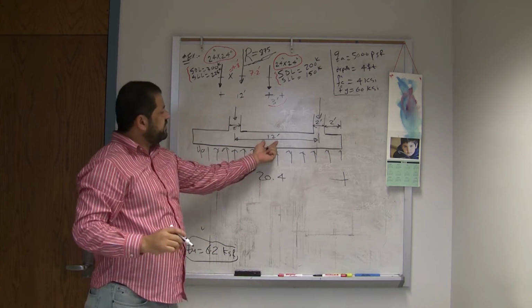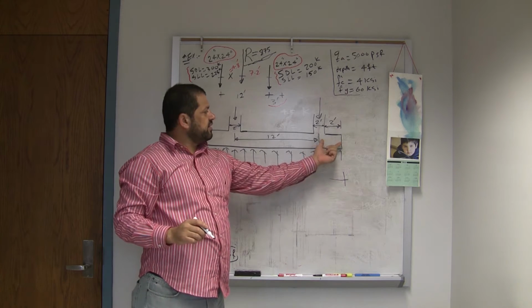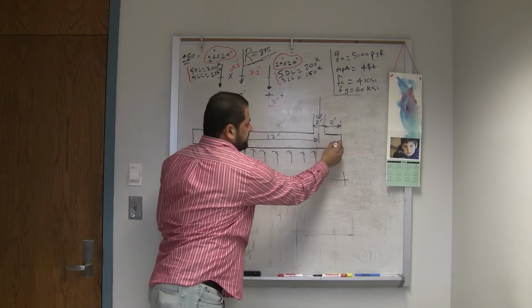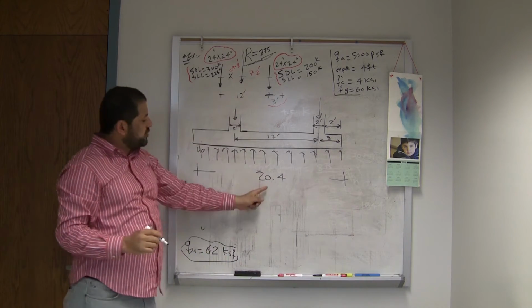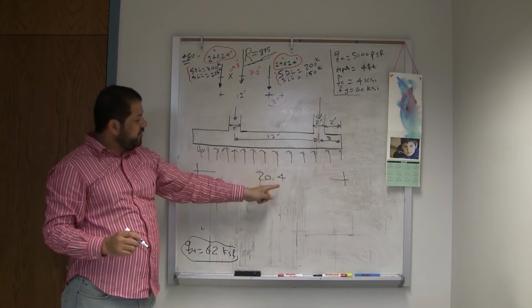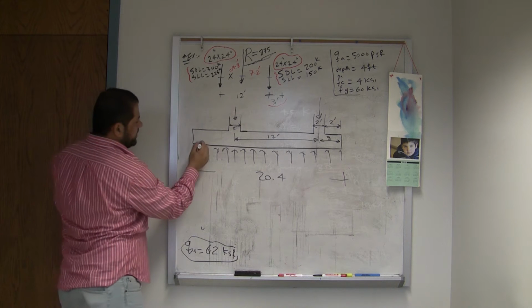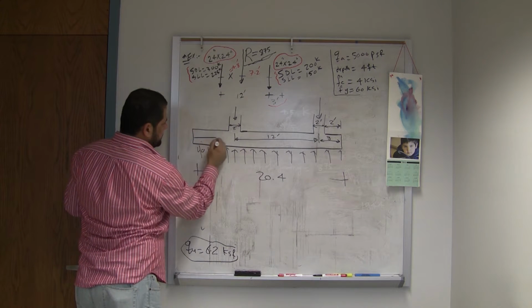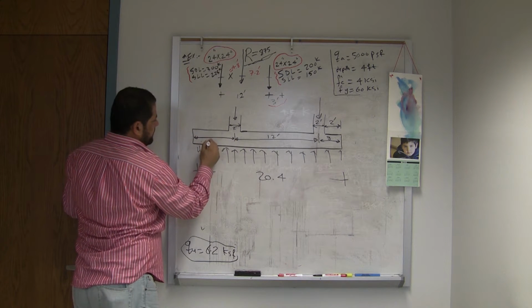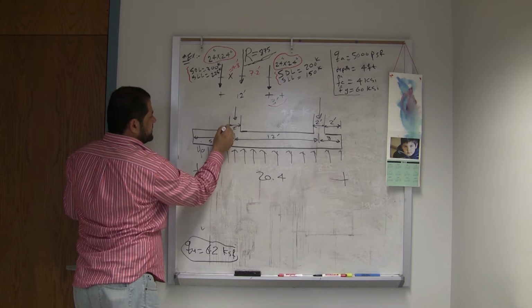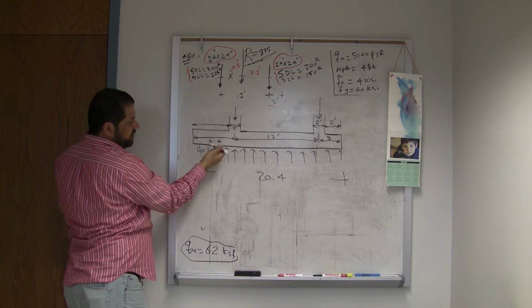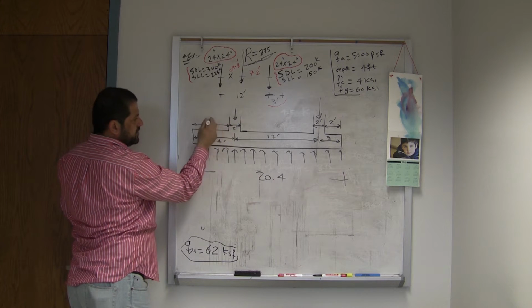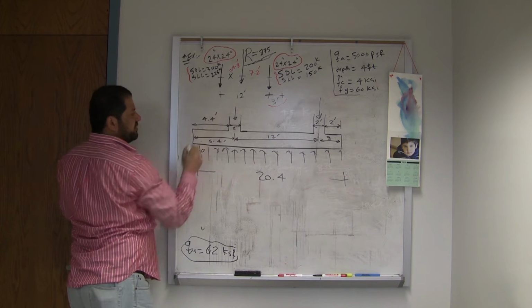We have 3 from here to here. The remaining from the 20.4 is 5.4. So the distance from the face of the column is 5.4 minus 1. So this is 4.4 feet.